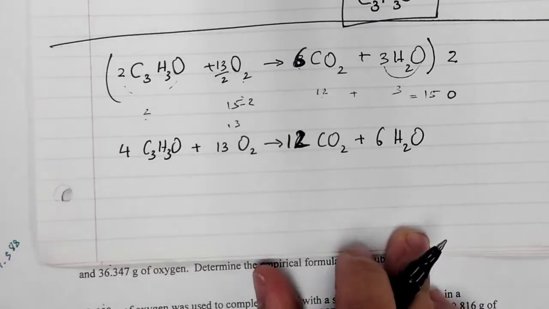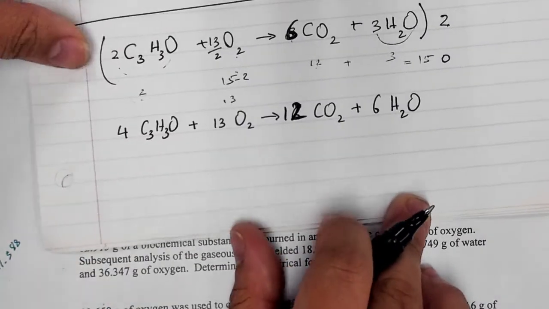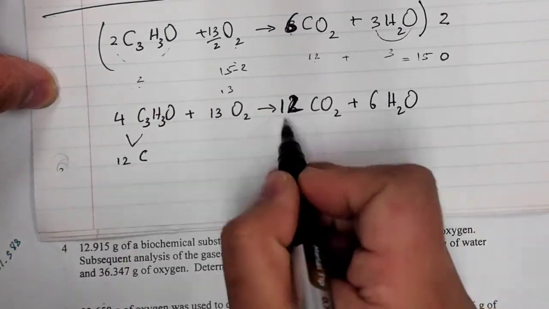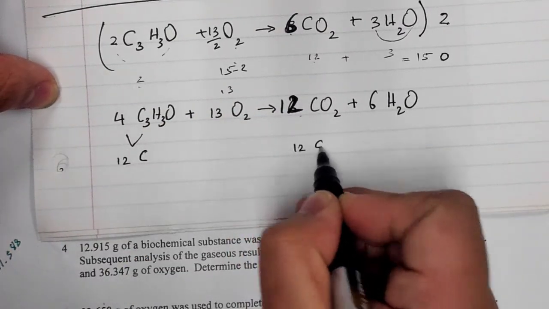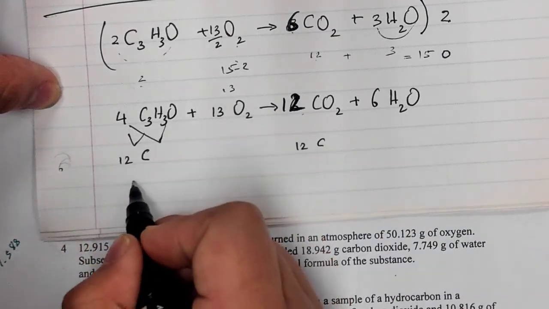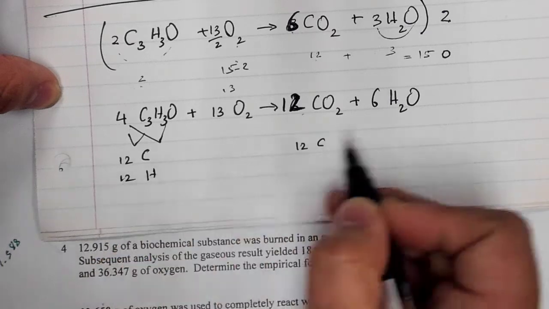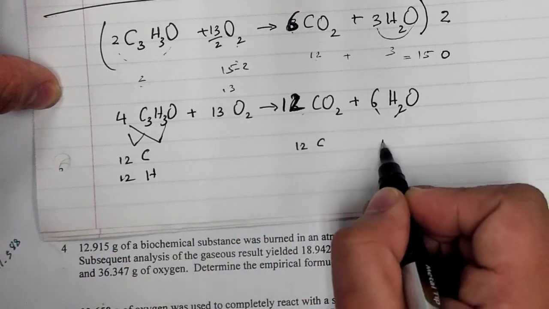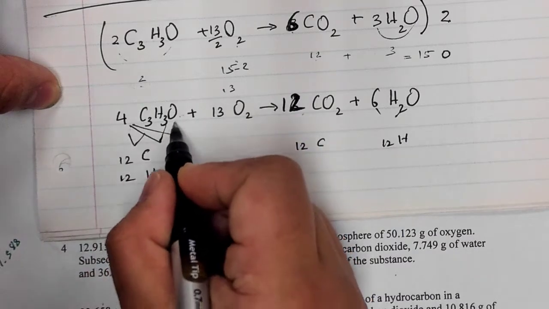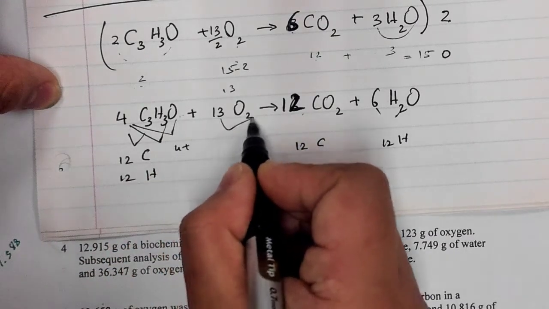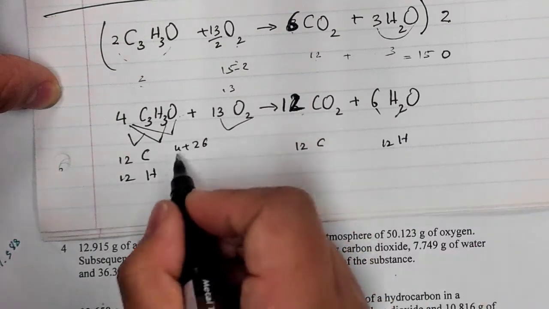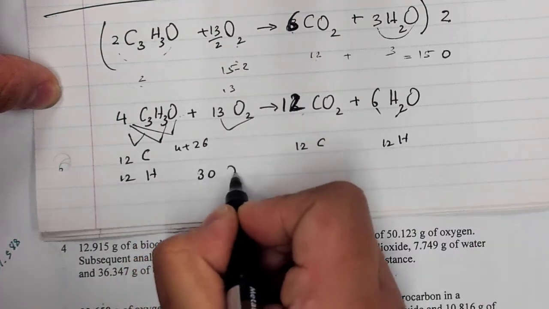And when you're done, you can always double check. This is what I like to do. I always double check. Carbons, 12 carbons. Right here, 12 carbons. Hydrogen, 12 hydrogen. Right here, 12 hydrogen. Oxygen, 4 here, plus 26, so that is going to be 30 oxygen.